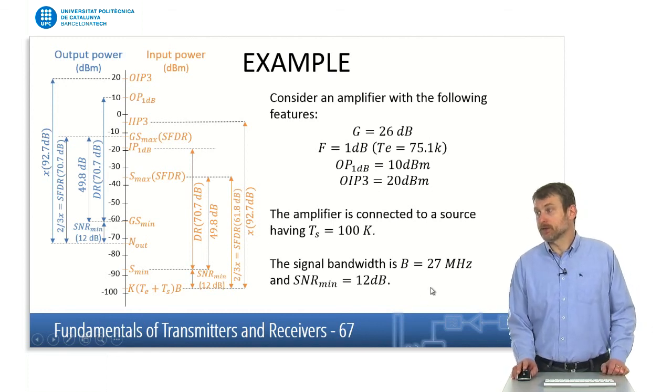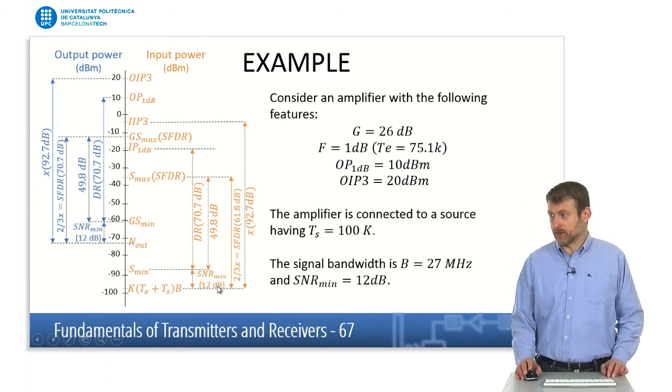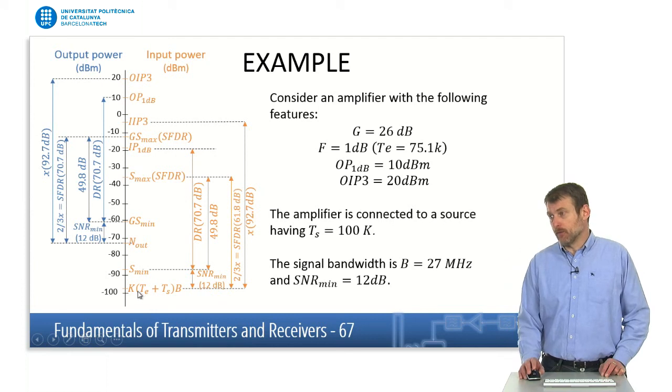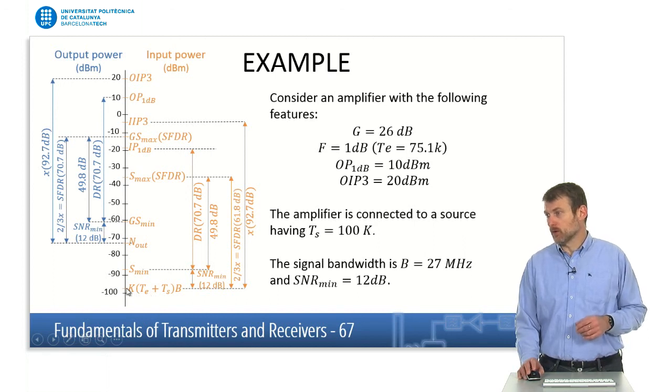Now, let's see what the figures are for this specific case. Now, the noise referred to the input, that would be the noise coming from the antenna plus the noise due to the equivalent temperature of the receiver, would be close to minus 100 dBm, right?